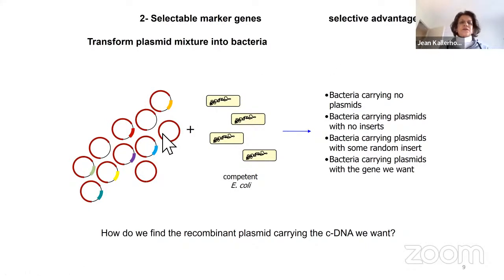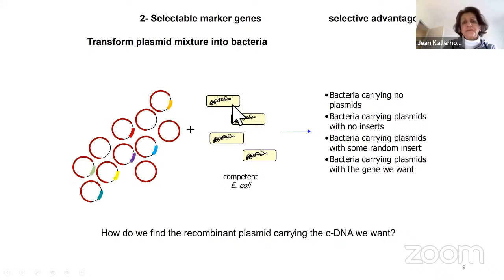Okay. So once you have got your different sequences within plasmids, because you have cloned it into your plasmid by using a ligase, you inserted it, and then you will use this to transform, to insert it into bacteria.